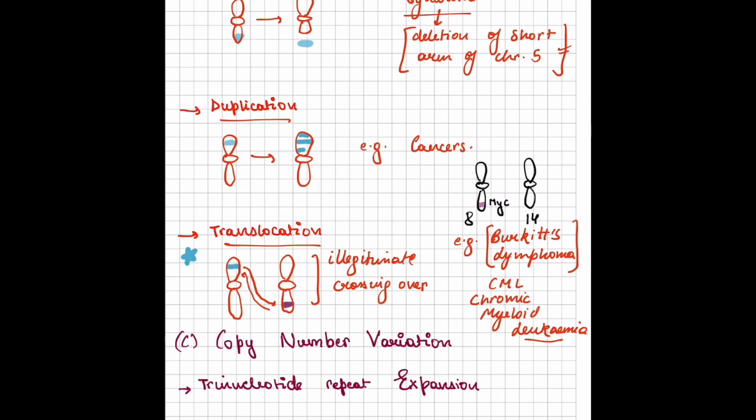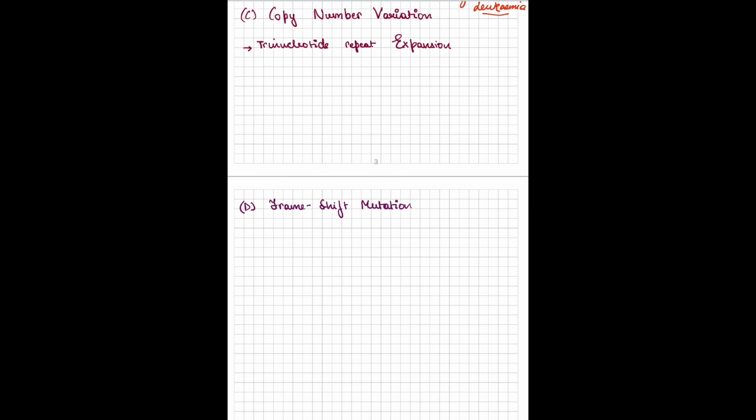This MYC gene is translocated to chromosome number 14, which causes Burkitt's lymphoma. So in Burkitt's lymphoma, there is translocation between the 8th and 14th chromosome of which gene? MYC gene.